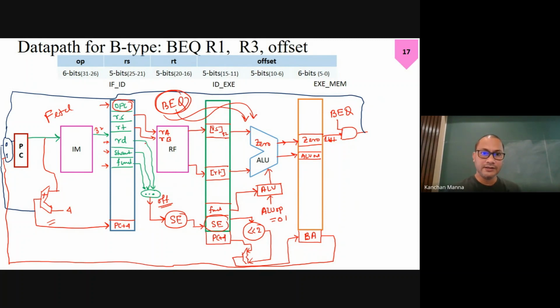We are getting the offset here when the branch is here. Then we are calculating the sign extension and storing it here, and BQ is moving to this stage. But what is the issue? I would suggest you go back and revise. PC plus 4 only. PC plus 4.